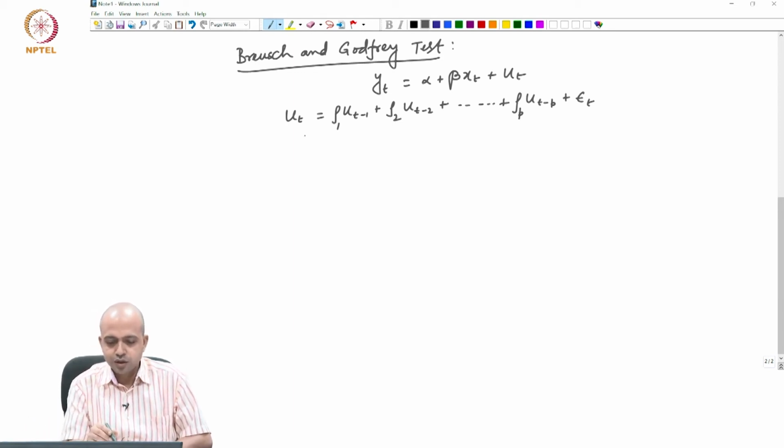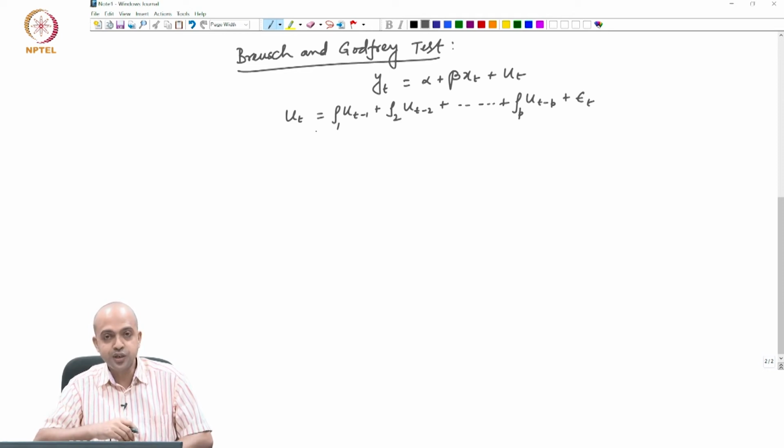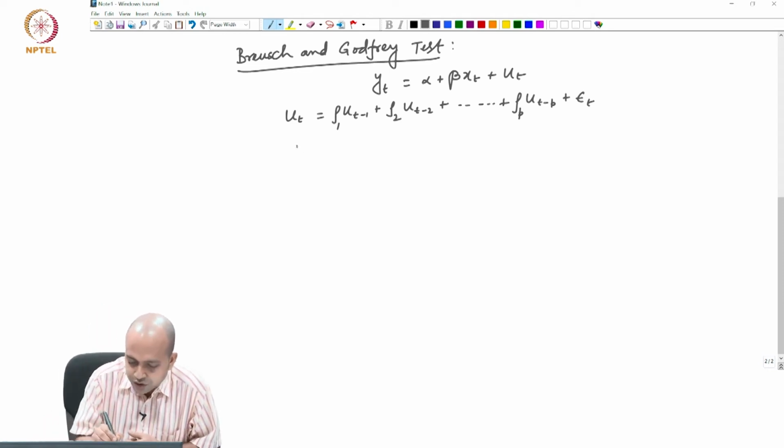So, now we assume that the data generating process is such that the error term is correlated with all its lagged values, and how many lags are there? P lags, P number of lags. Okay. So, what is our hypothesis here?